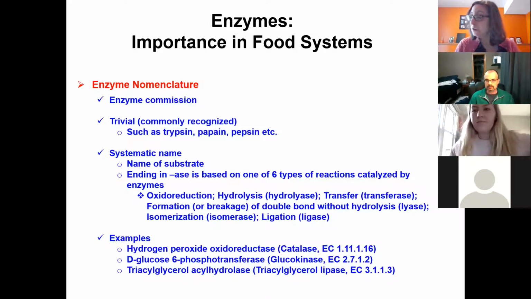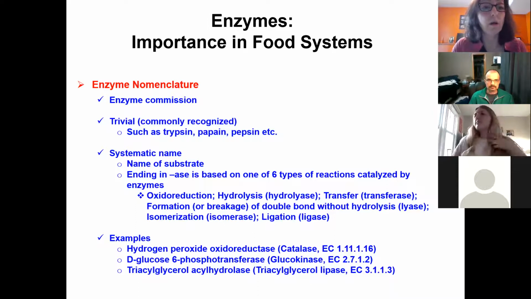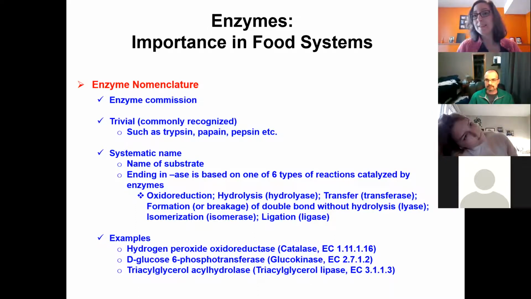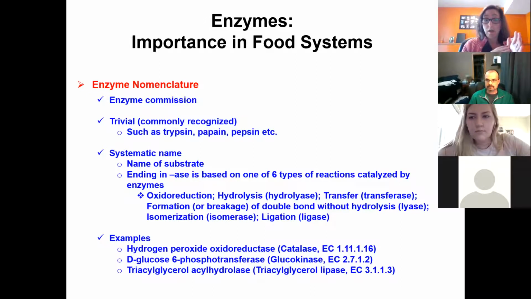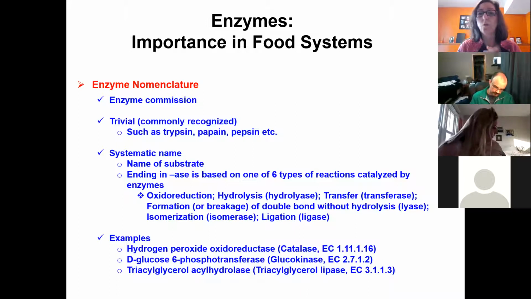Okay, nomenclature. So enzymes have scientific names, they have common names, and they have systematic names. And they have something called an EC number, which is an enzyme commission number that every enzyme has. So when an enzyme is characterized and understood, and its activity is known, then it's given an EC number.